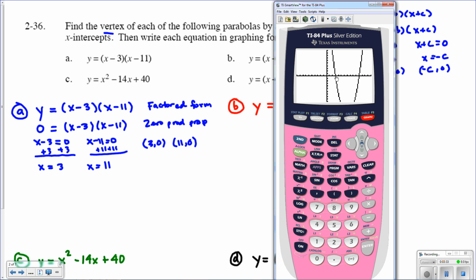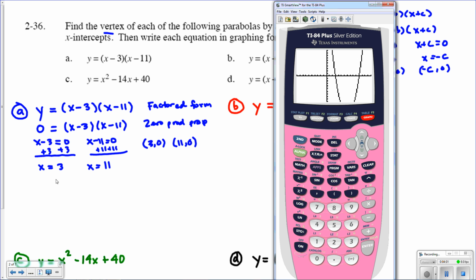And you'll see here what we have is the point (3, 0) and the point (11, 0). Now we've got that axis of symmetry that's going to run right down through the middle of our parabola, which would extend down to our vertex down here. So if we want to figure out what the x coordinate of our vertex is, it's going to run exactly between all of the points here.